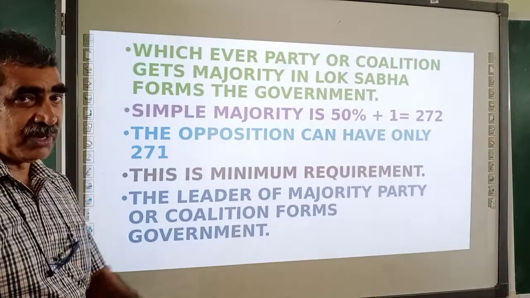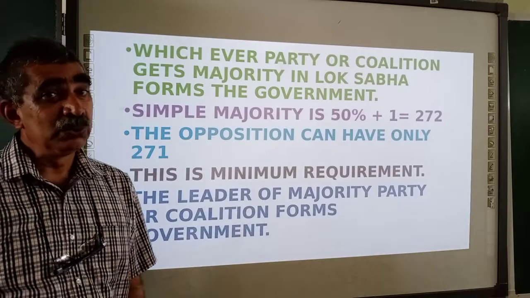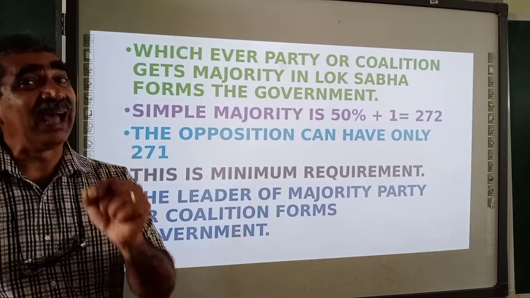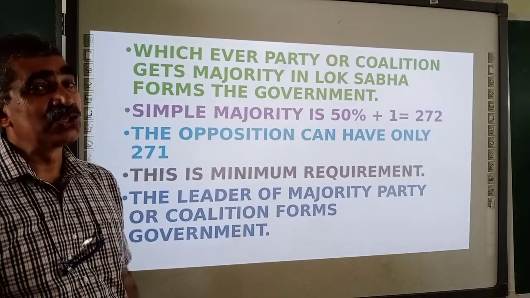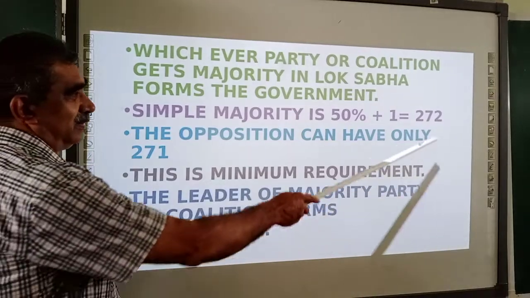We know the total is 543, and half of it is 271 and a half. Since human beings cannot be cut, it is 272.